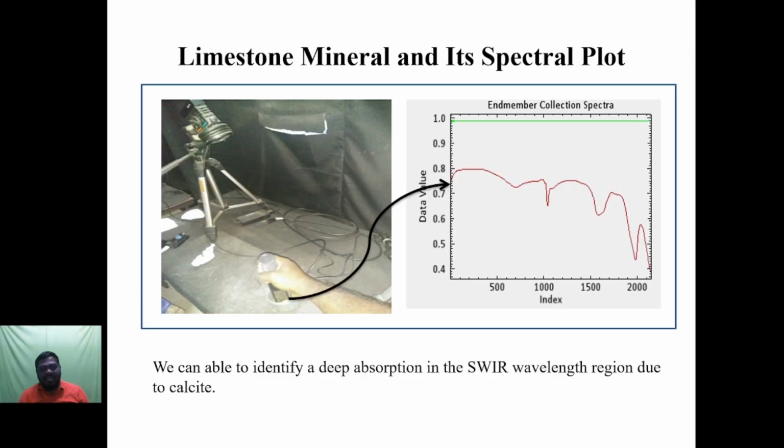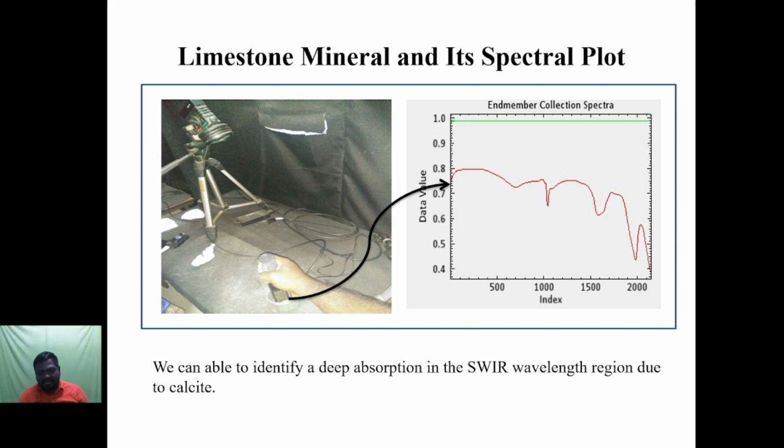Okay, next one. This is the limestone and its spectral profile. In this limestone, we can see it gives a very deep absorption around 2300 nanometer. In this graph, the data value is nothing but reflectance, and the x-axis is denoted as index, which is nothing but wavelength, in the range of 500 nanometer to 2300 nanometer.